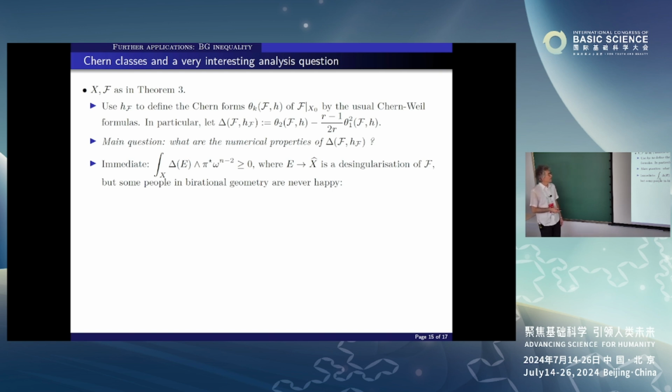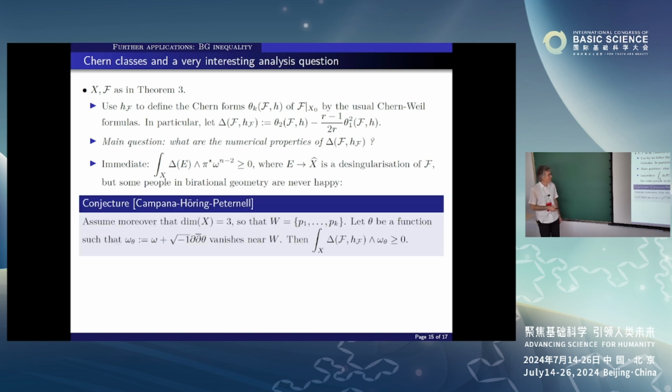Now, I said that some people in birational geometry are never happy, and that's true. But what I meant is that the inequality which is relevant for them is the one here. So the conjecture by Campana, Höring, and Peternell was the following. Now assume that we have a threefold, so the dimension of X is 3, and the set of singularities for which we know nothing is a finite set of points.